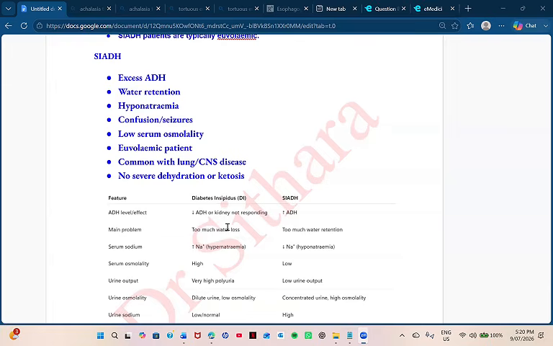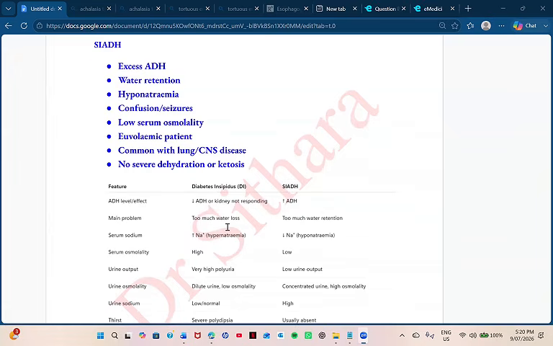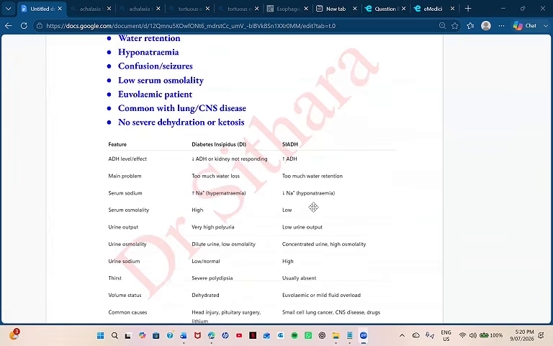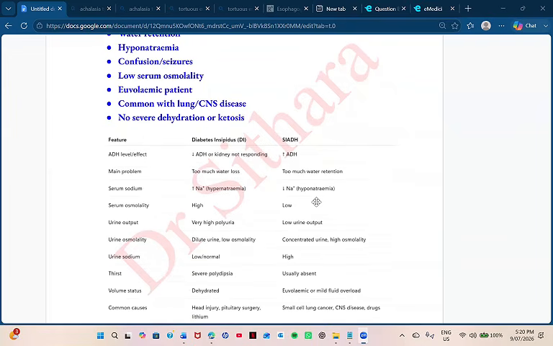So what are the key findings in SIADH? Serum sodium is reduced, and serum osmolarity is also reduced. And what about urine sodium? Urine sodium is high, right? To compensate, they are excreting sodium in urine to maintain volume balance.